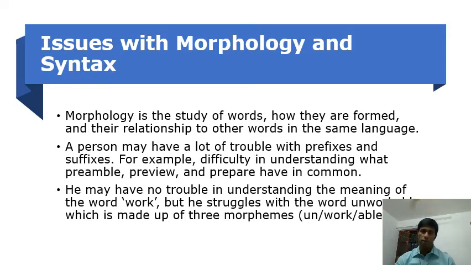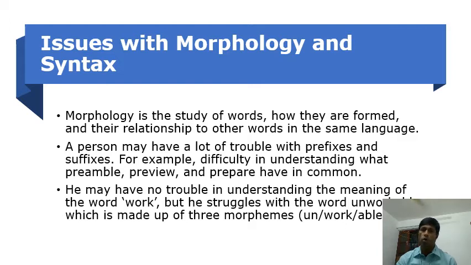A person may have a lot of trouble with prefixes and suffixes. Prefixes are the words or parts that we add before a particular word. Degree, pre-degree, that's a prefix. For example, difficulty in understanding what preamble, preview, and prepare have in common. When we use words with prefixes like preamble, preview, prepare, they might feel very difficult to understand.